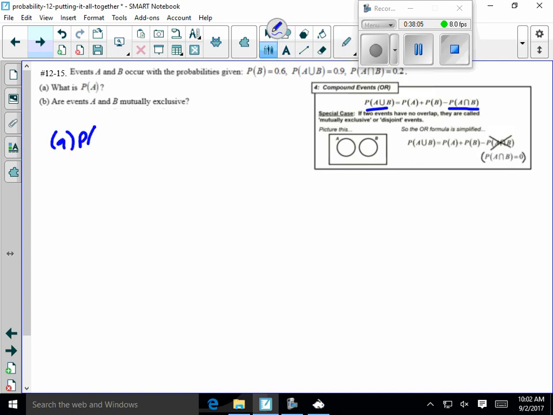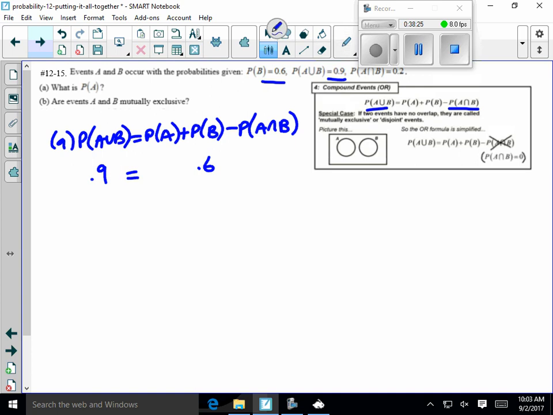We could write it out: probability of A or B is equal to probability of A plus probability of B minus the probability of A and B. And then we can just fill in what we're given. This 0.6 here is probability of B. This 0.9 is the OR probability, which is on the left side. And the A and B is here, 0.2.